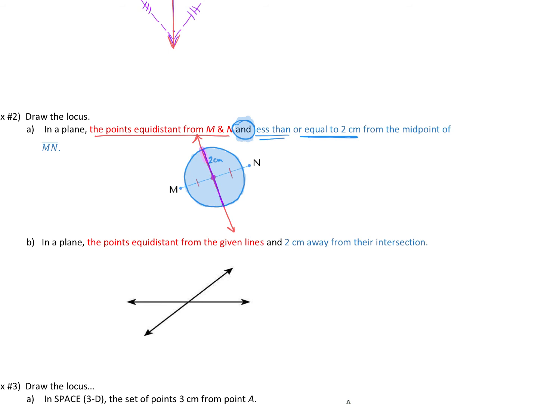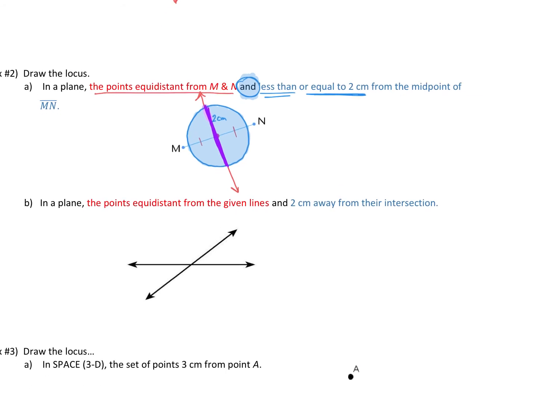That purple segment would be your locus, because that's where the red line met the blue circle. Does that make sense? So you're looking for overlap. When there are 2 requirements, you have to draw both of the requirements and see where they overlap each other. And that is your answer. Okay?